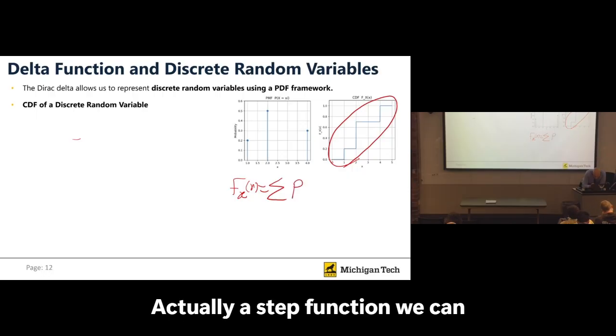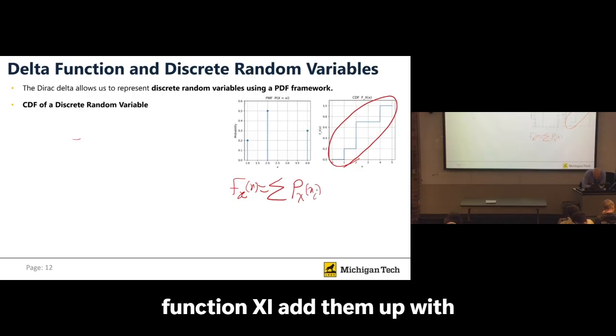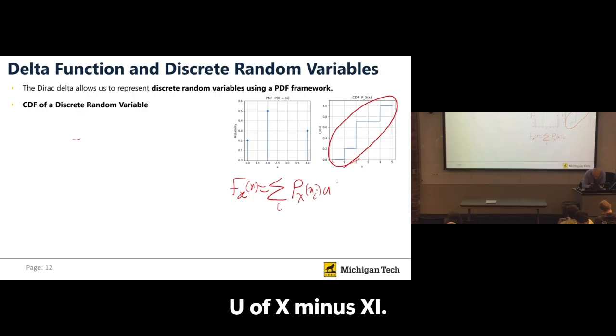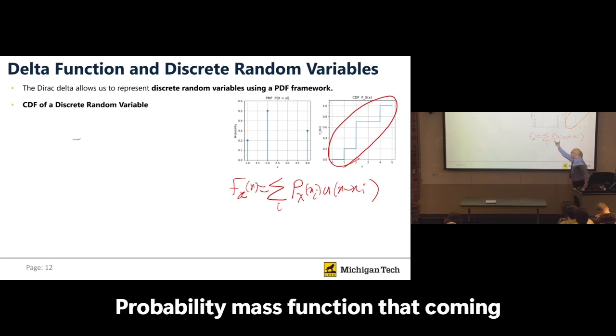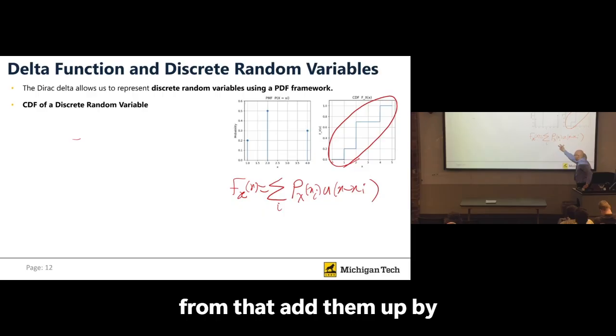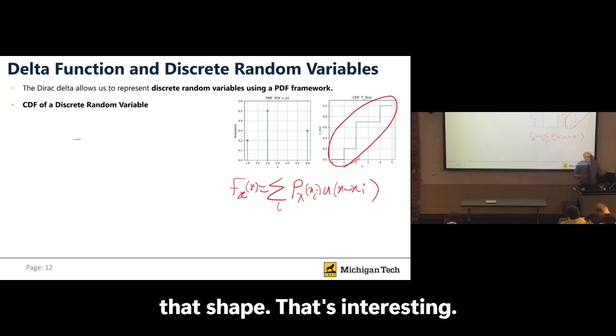We can say it's the probability mass function p(xi), added up with u of x minus xi. So this is the explanation of that shape. The probability mass function coming from that, added up by this unit step function u of x minus xi, is going to make that shape.